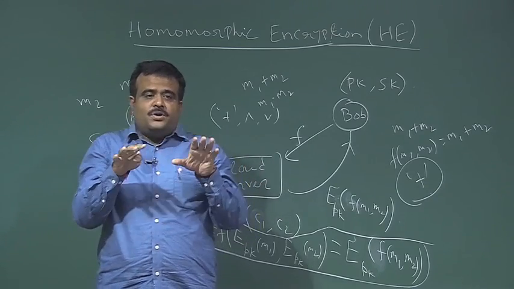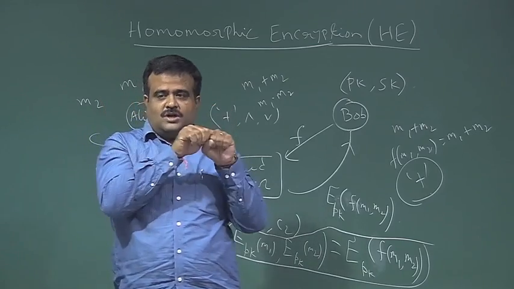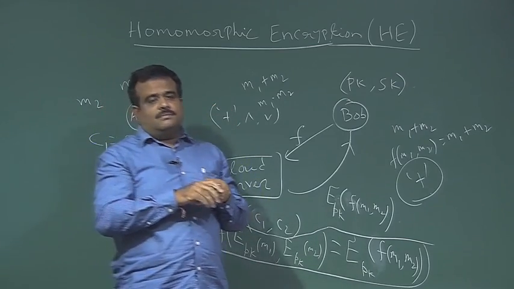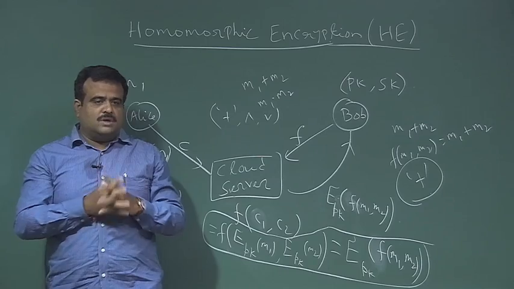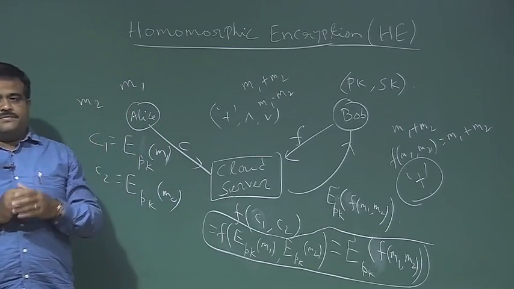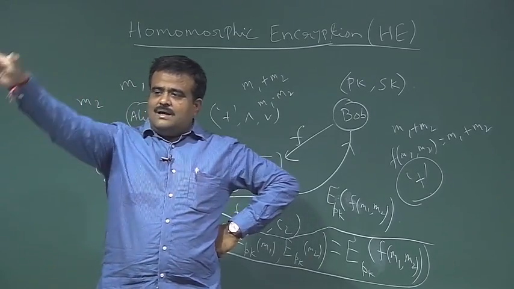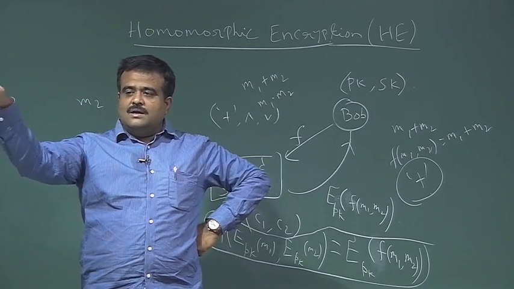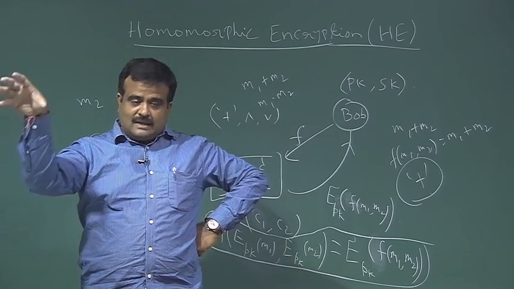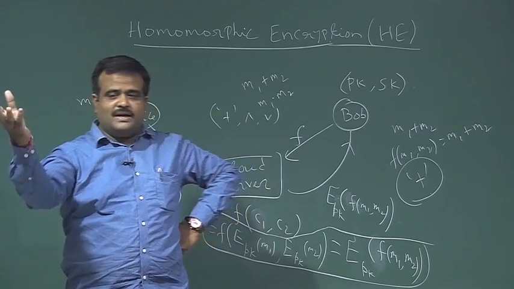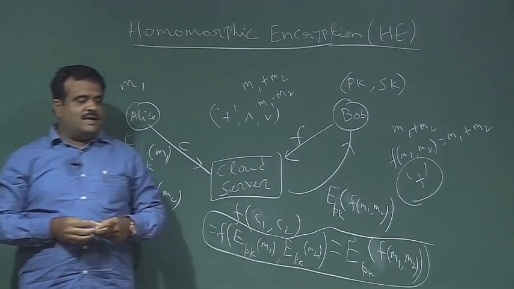So that computation we are doing at the cloud server. This is one job of the cloud server, and it can also be referred to as cloud computing. So we are doing this computing at the cloud server, and we get f of m in this encrypted way.